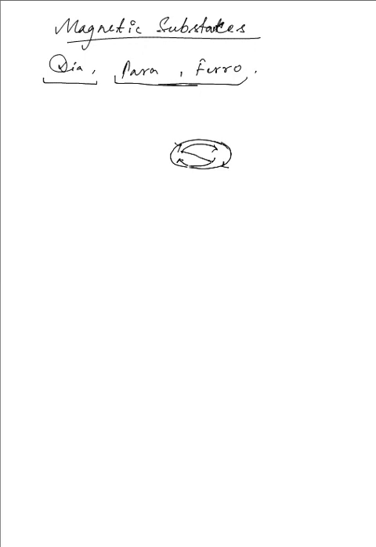Whereas on the other side, it will definitely look to be in the counterclockwise sense, so it behaves as a north pole when the current is flowing in the counterclockwise sense.